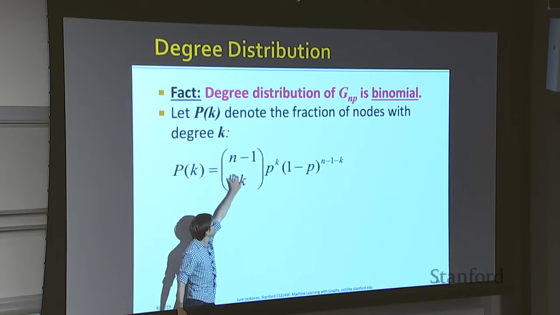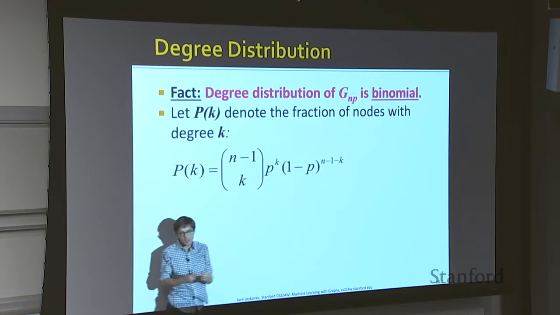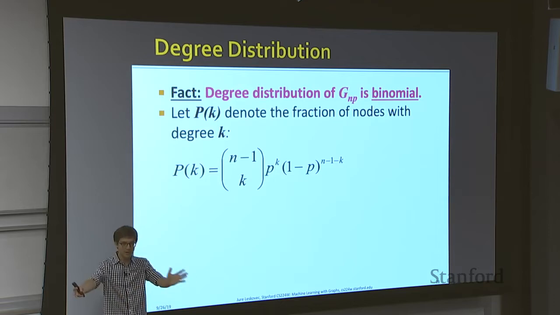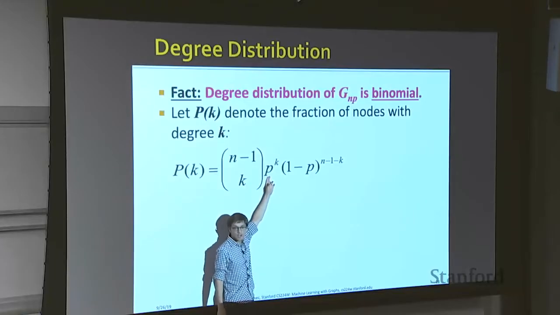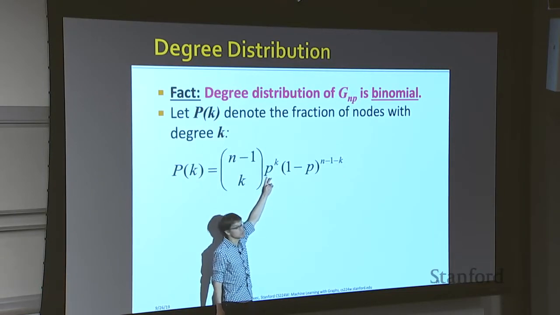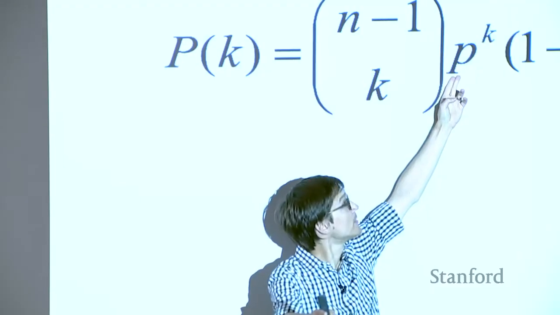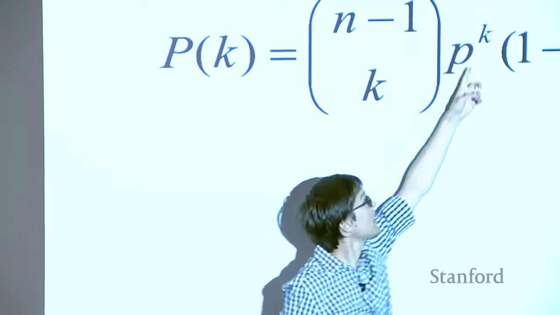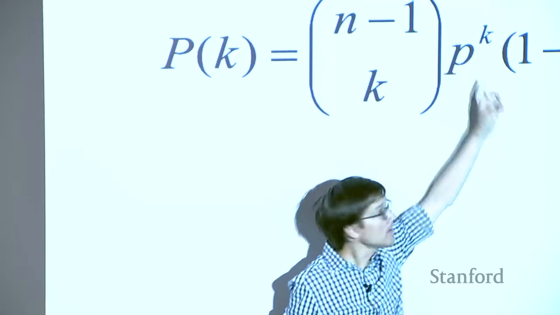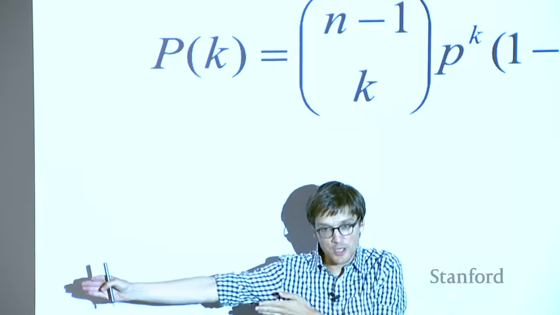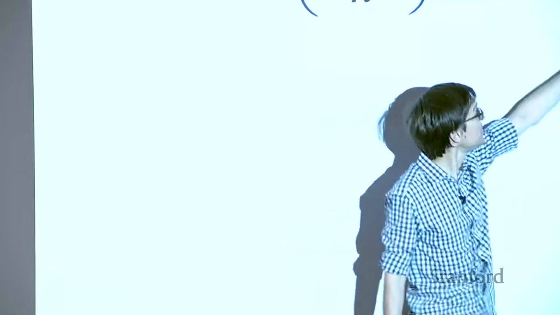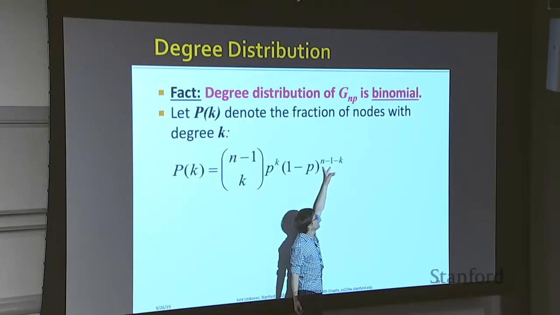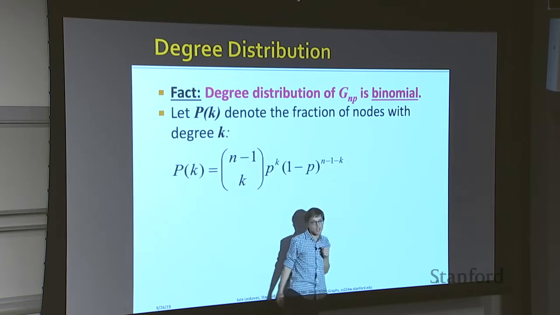So there are n minus 1 choose k ways I can select k nodes out of n minus 1. And then for these k nodes, I have to create a connection to each one of them. The probability of connecting to one of them is p, but because there are k of them, it's p to the k. And then to all the other nodes, I must not create a connection. The probability of not creating a connection is 1 minus p. And how many such nodes are there? There are n minus 1 minus k. Okay?